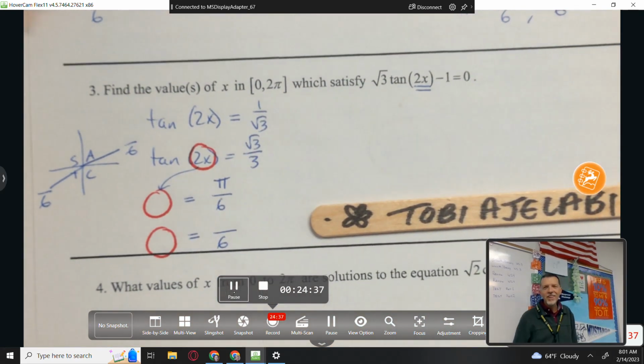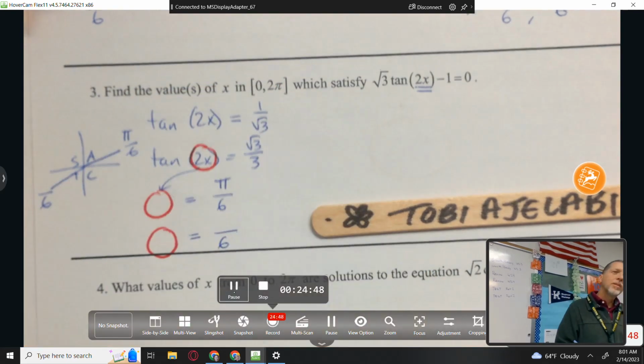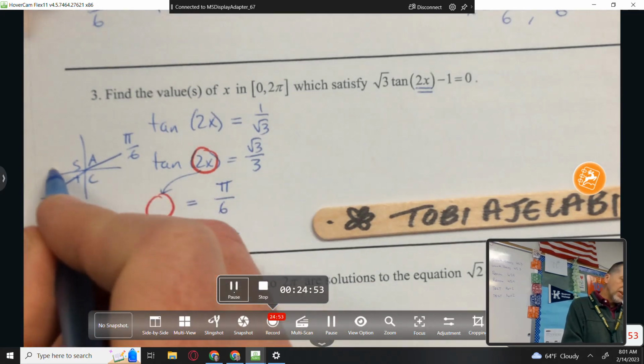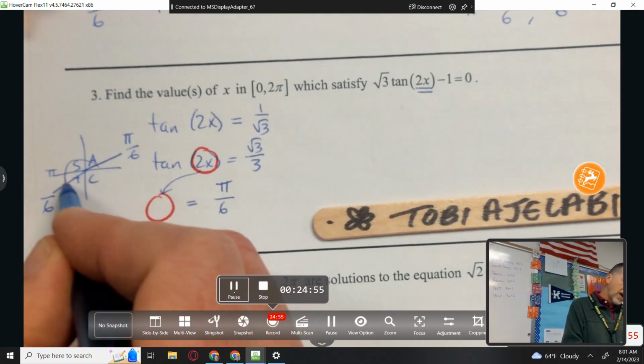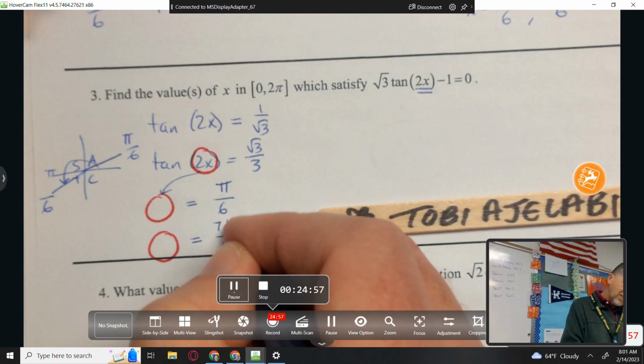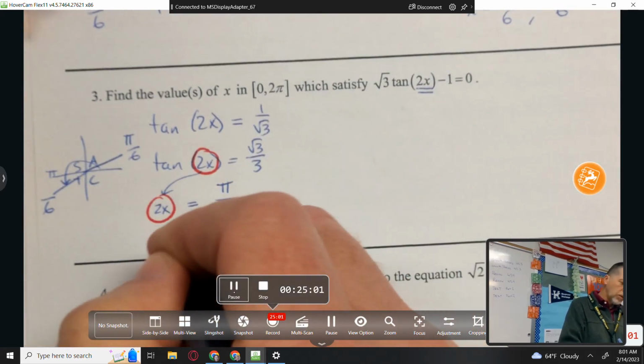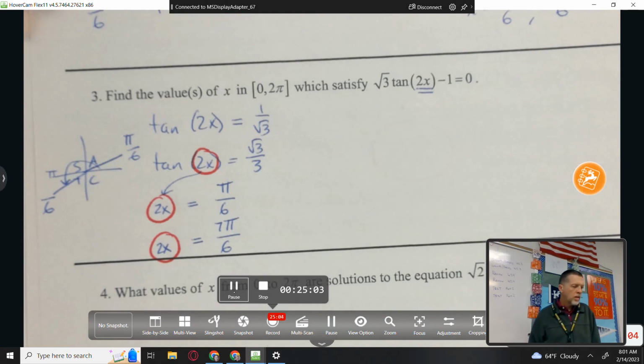What angle is over 6 in the third quadrant? 5 would be a little short of pi. I need to get past pi. So 7. And I still got that 2 thing to worry about. So pi over 6 and 7 pi over 6.